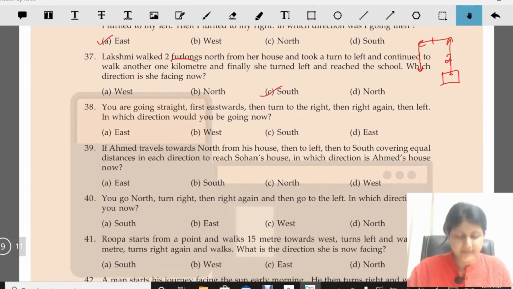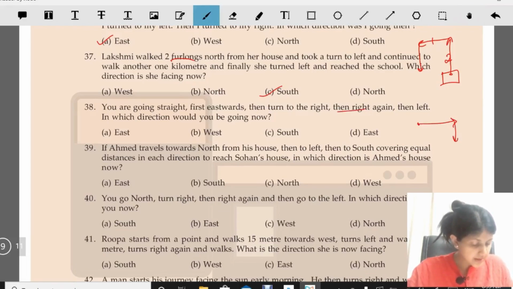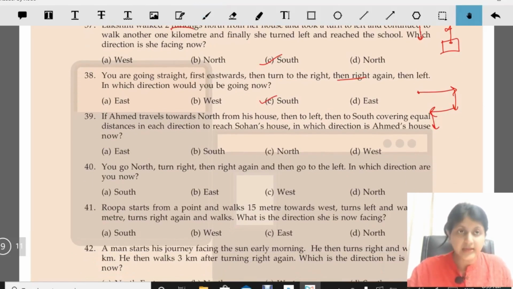Question 38. You are going straight, first eastwards and then turn to the right, then right again, then left. In which direction would you be going now? So you would be going in the south direction now. 39.